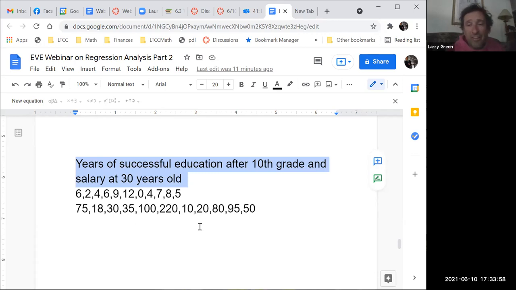So now the question is, perform a full regression analysis. Any questions on the question? Okay. Often you want to do a hypothesis test first. Anyone know why?